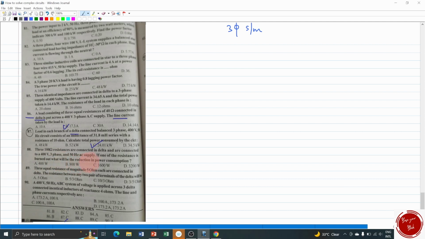300 ohm resistances are connected in delta and are connected to a 400 volt 3-phase 50 hertz AC supply. If one of the resistances is burned out, what will be the reduction in power? It is a delta connected load first, isn't it? It is said that one of the resistances is burnt out.